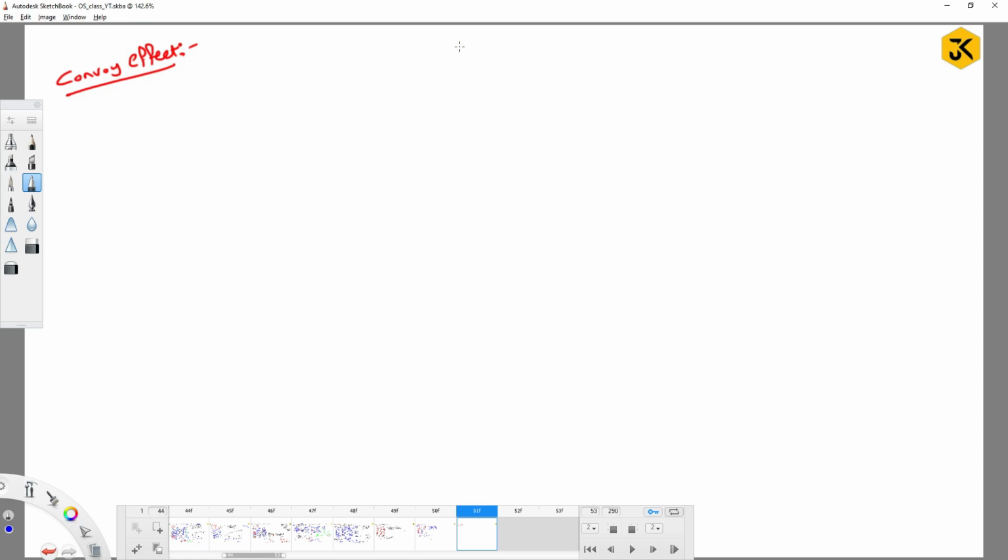Hi everyone, welcome back. Let's see convoy effect in SJF algorithm. Before going for the definition of convoy effect, let me take an example: process ID, arrival time, burst time.